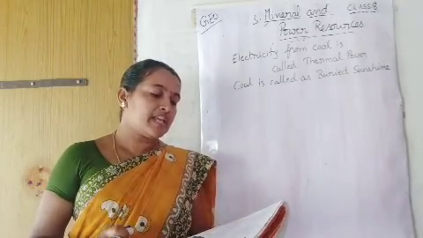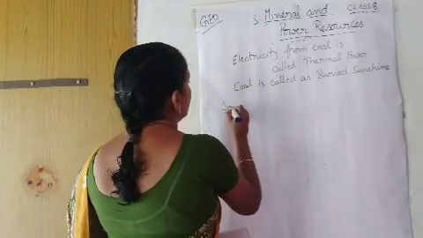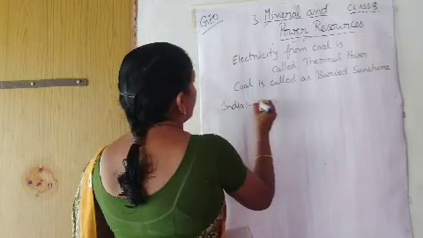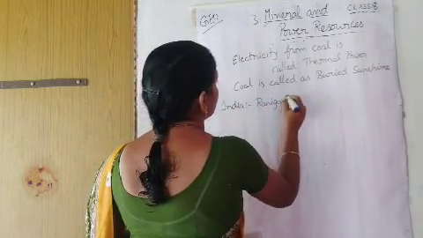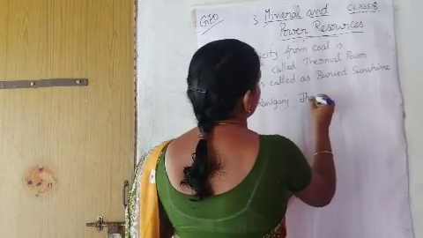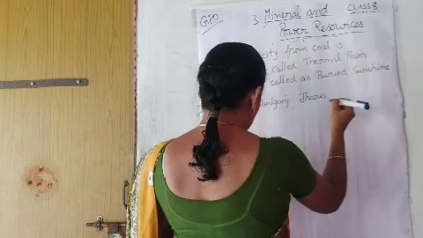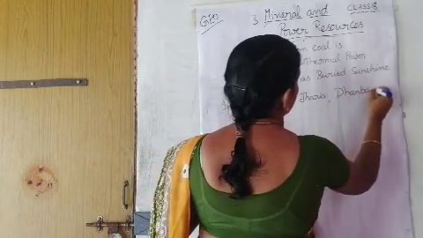The coal producing areas of India are Raniganj, Jharia, Dhanbad and Bokaro.